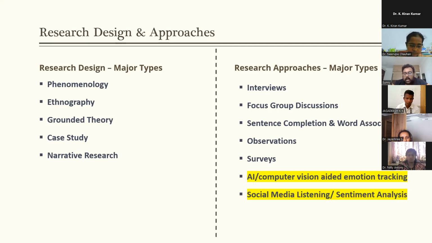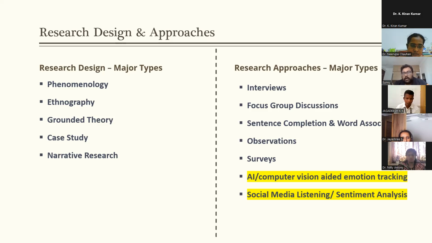I think the last two which I've highlighted in yellow are for a very specific reason: these are evolving today with a lot of tech capabilities coming in. But I think these are, in my view, at a very nascent stage, but can be very powerful, right? For example, there is this startup called Anthropic. There are a couple of other things happening in the San Francisco Bay Area where they track how your eyes are moving in response to an ad, or how your eyes are moving when a product is shown, right?